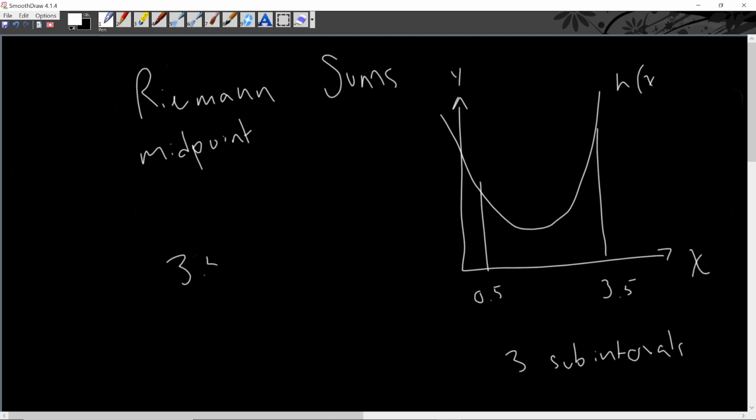So 3.5 minus 0.5 over 3. So 3.5 minus 0.5 is going to be 3 over 3, so that's going to be equal to 1. So we are going to have one subdivision each, and I'm just going to say what the values are. So h of, let's write these down, 1.5, and then this is 2.5.